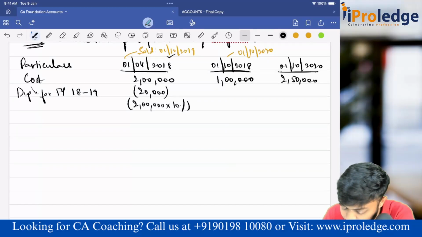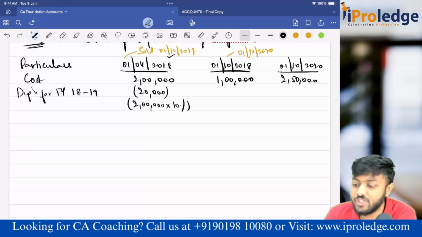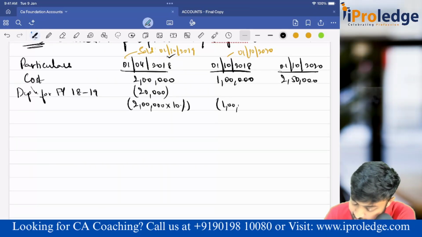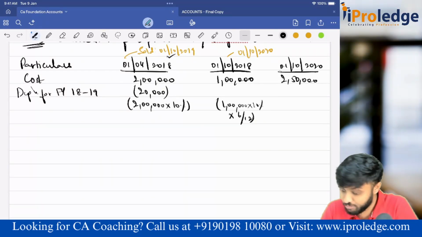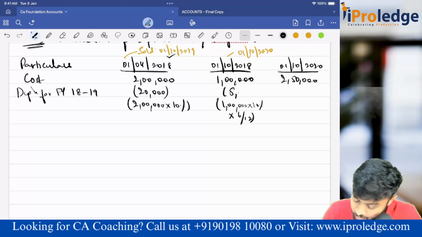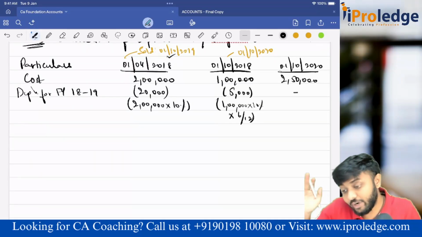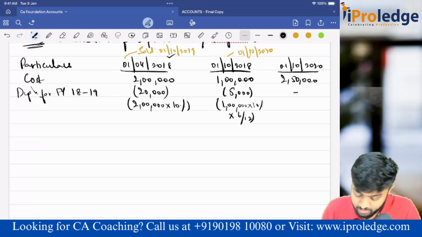Next, for this, it is purchased only in October, that means used only for 6 months, October, November, December, January, February, March. So 1 lakh into 10% into 6/12, that is 10,000 into 6 by 12, that comes to 5,000. This one has no depreciation because it is purchased in 2020, so nothing here yet.